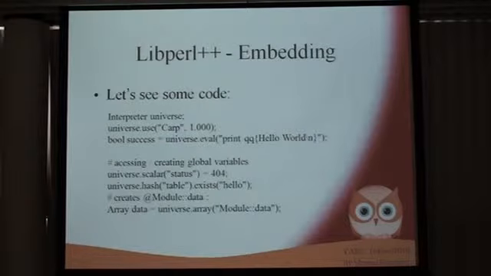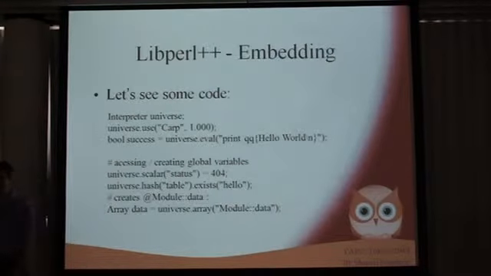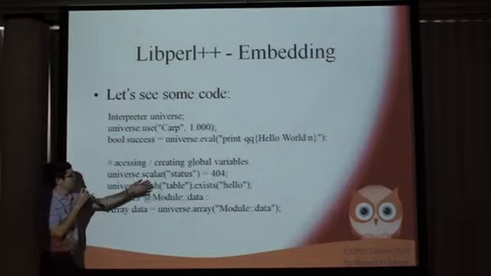Okay. So here's how you embed Perl inside C++. You just create an interpreter universe, and then you have a Perl inside your C++ program. If you want to use a module, you just tell the universe to use it. Please use this, and that's it. You can eval. You can do everything.